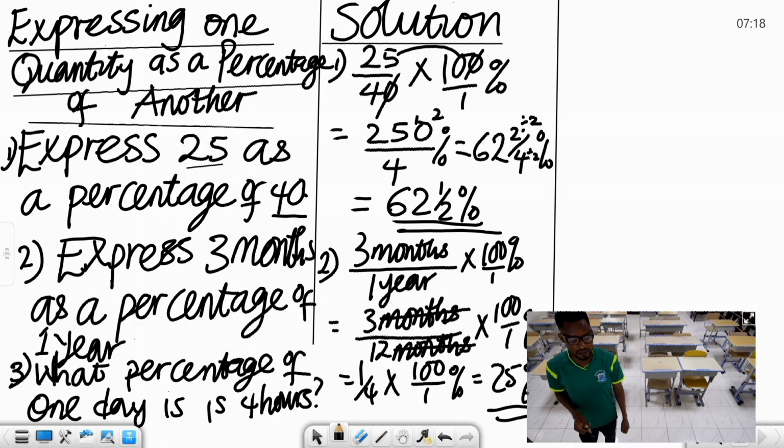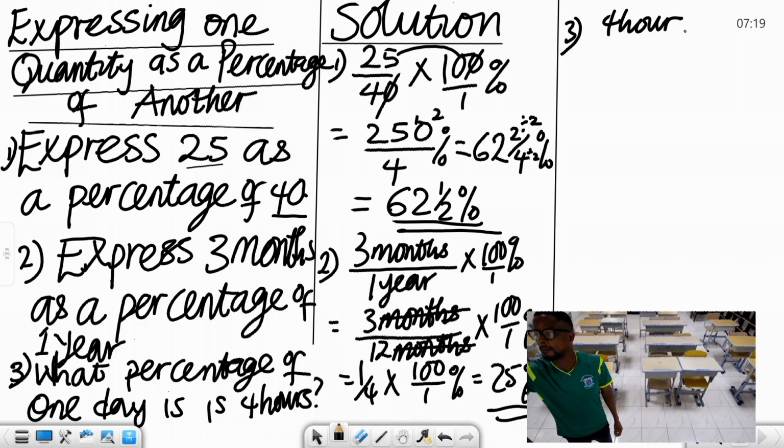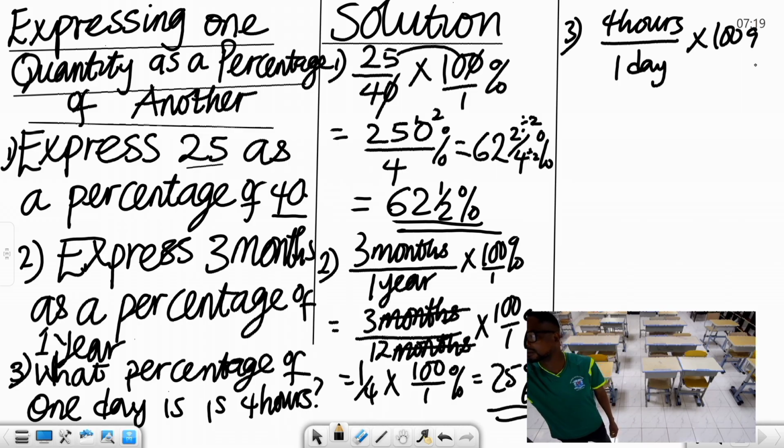What percentage of 1 day is 4 hours? So it's just the same thing as the one I just did now. 4 hours over 1 day multiplied by 100% over 1.